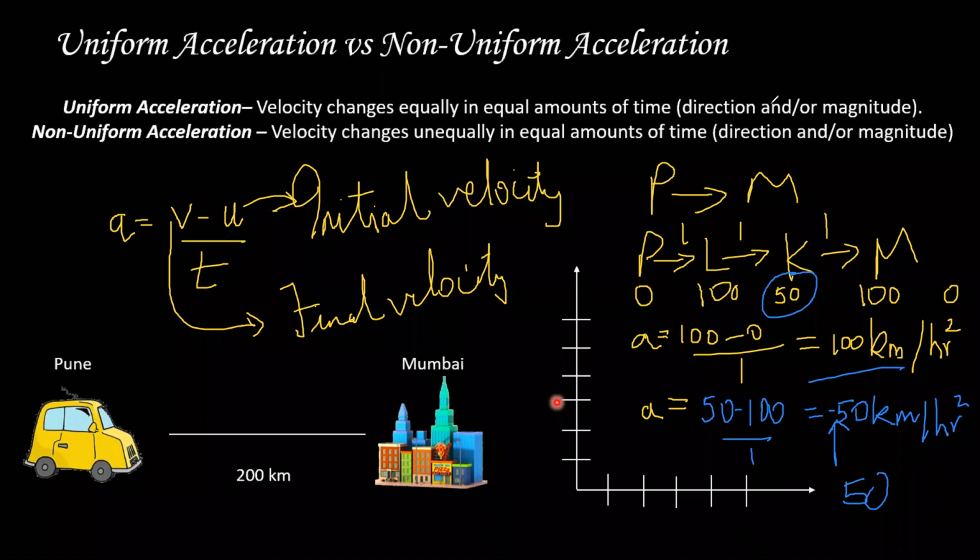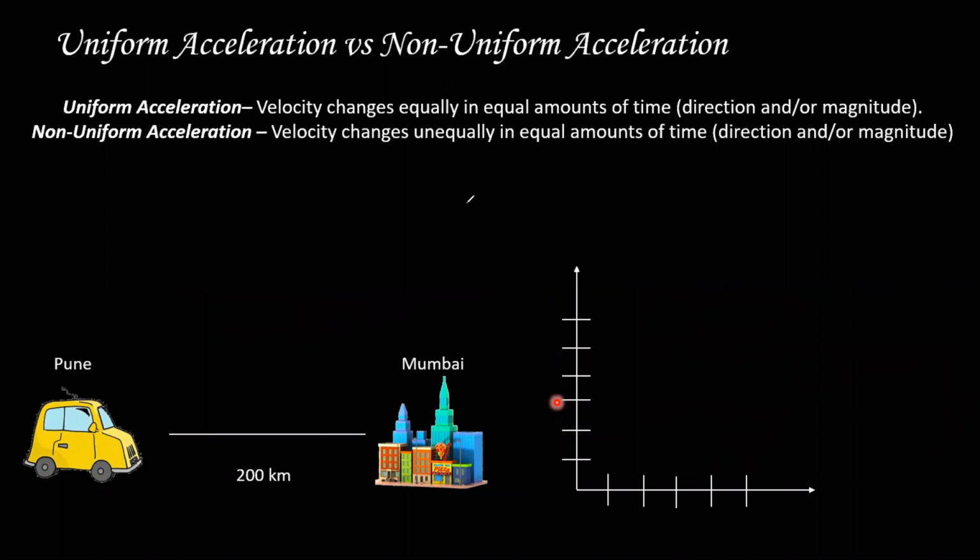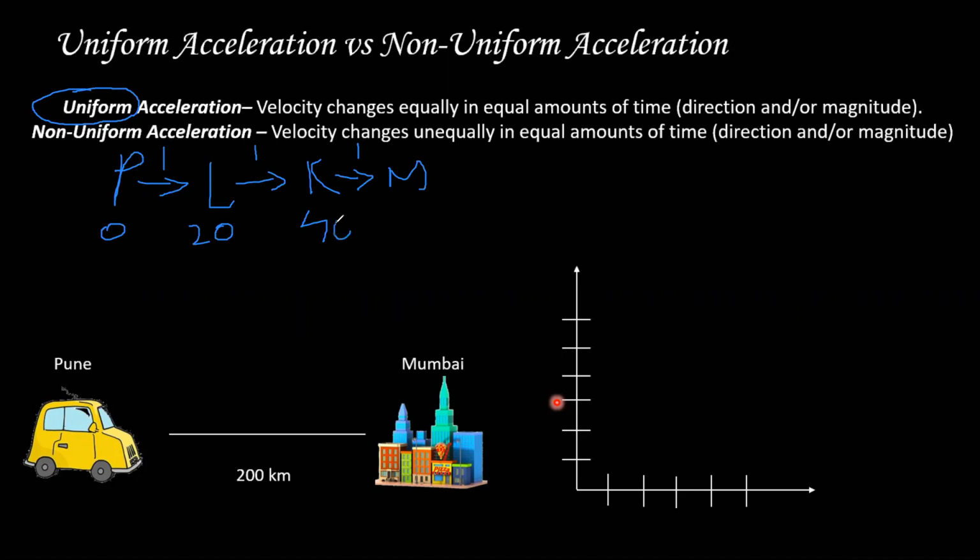Okay. So by thinking about the same concept, uniform acceleration means that your velocity changes equally in equal amounts of time. So I'm going from Pune to Lonavala to Khopoli to Mumbai, and each leg takes me 1 hour. From 0, I reach Lonavala with a speed of 20 kilometers per hour, Khopoli with a speed of 40, and Mumbai with a speed of 60.